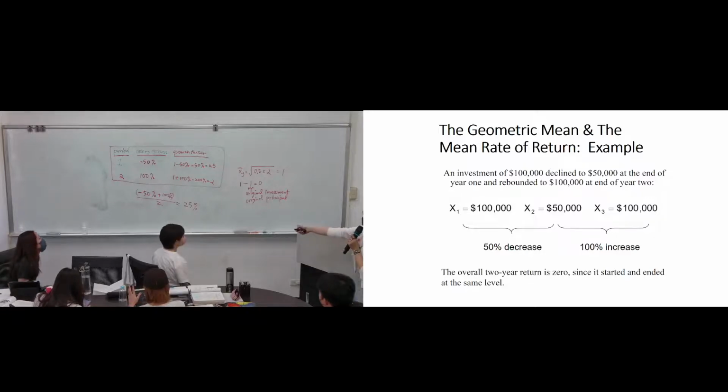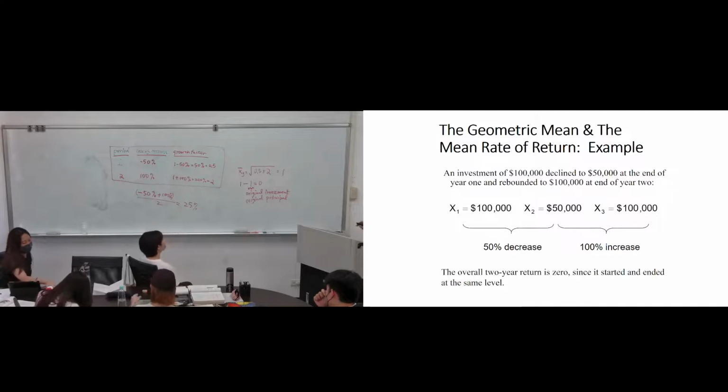When we calculate in this way, we inflate the mean rate of return. But the geometric mean rate of return more accurately reflects the average growth rate per period. Actually, that's 0. It is not that high. It is 0. No gain, no loss.